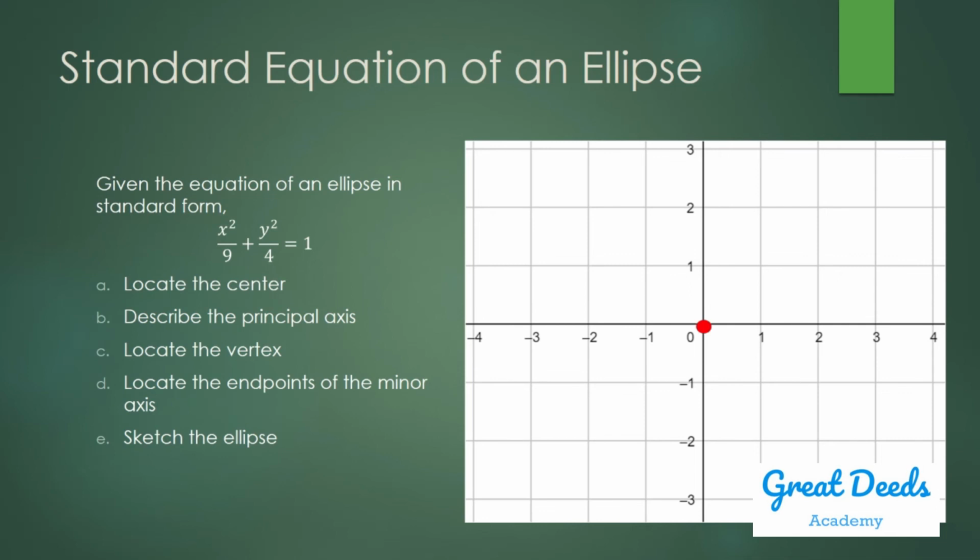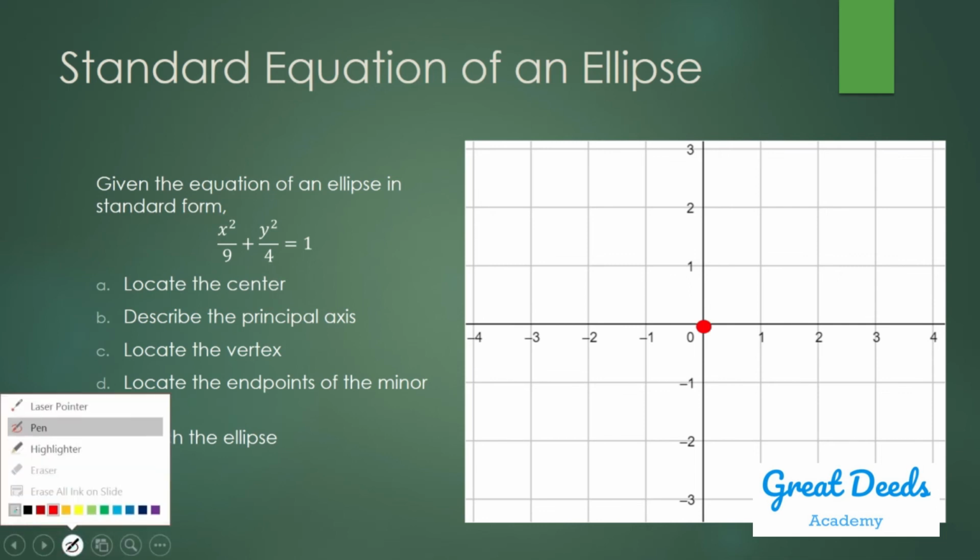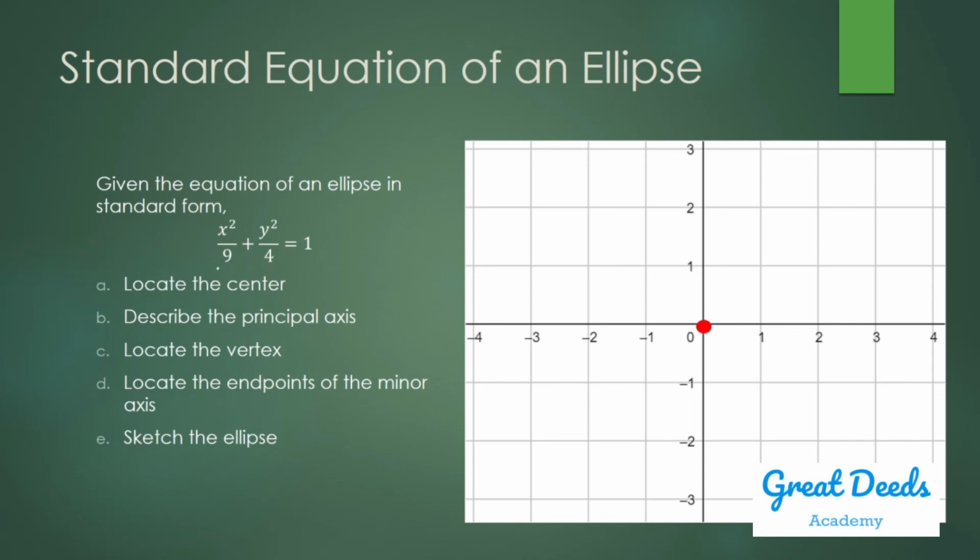Now, let us pay attention to the denominators. Whichever is larger, that's going to be a squared. So a squared is equal to 9, and it is under x squared. This means our principal axis is horizontal.